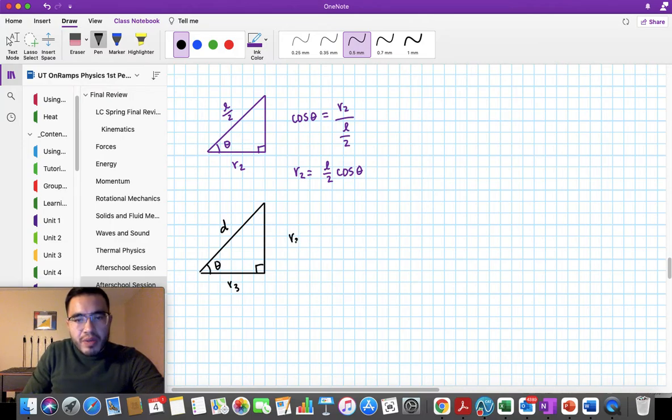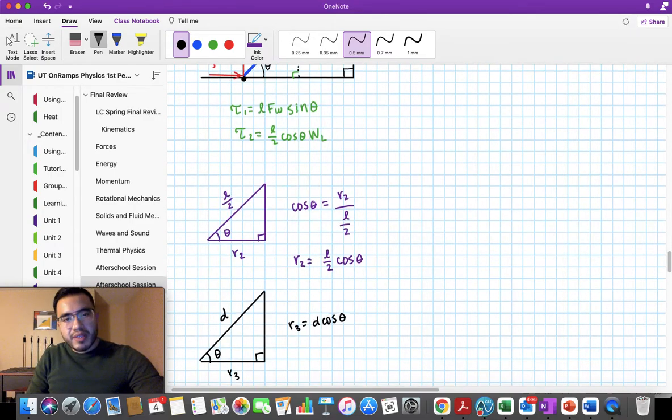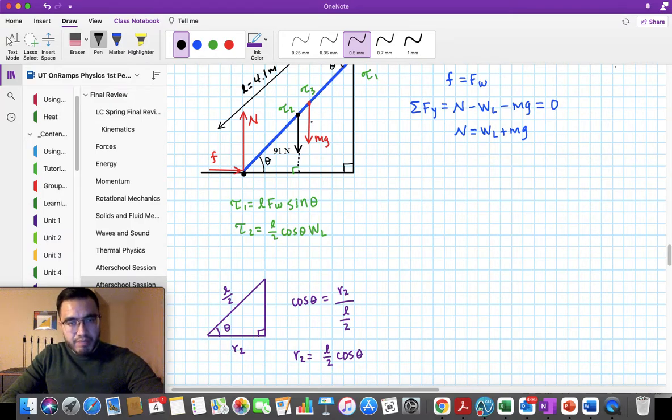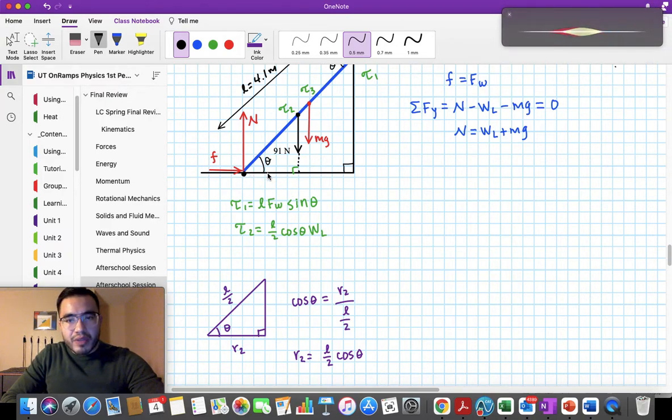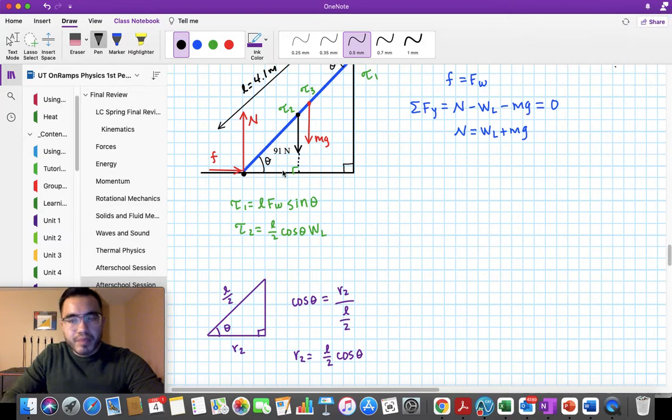So I know that R3 is equal to d cosine theta. I'm using trigonometry to find these distances because the forces have this direction, and this is the distance that I want. This is L over 2 cosine theta, and this is d cosine theta over here.